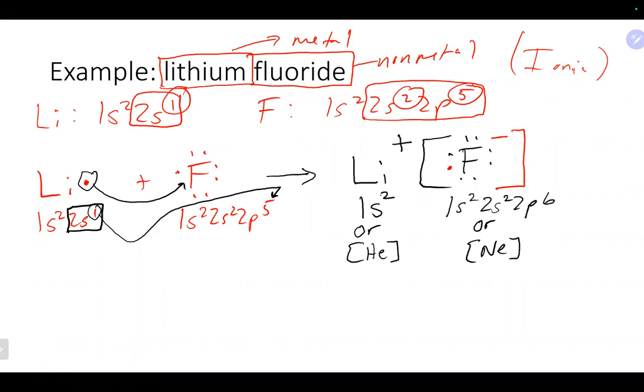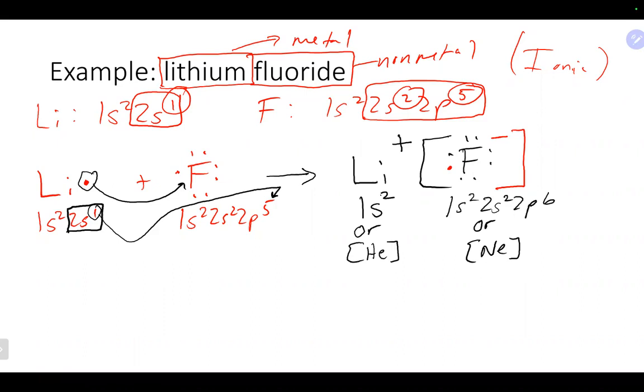And now we've created a very stable bond here, because both of those elements, in this case by transferring electrons, are able to achieve noble gas configuration, which is pretty much the whole point of bonding, for those guys to get to that noble gas configuration. Any questions on that there?